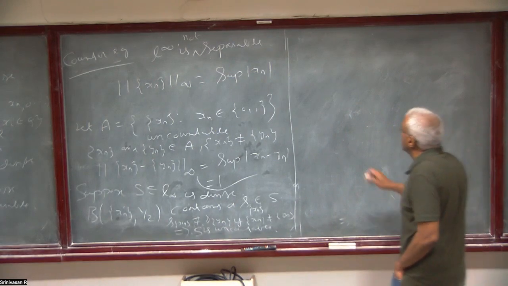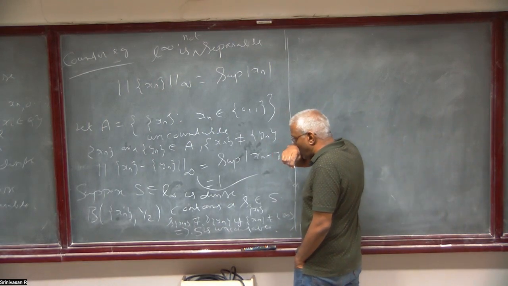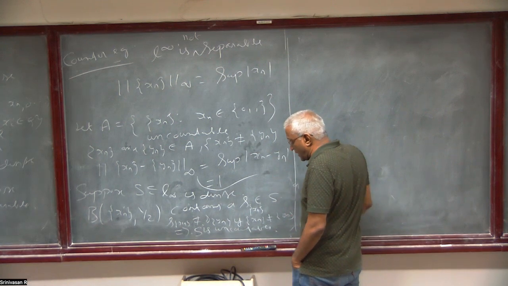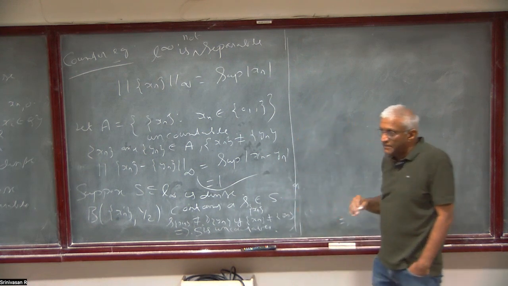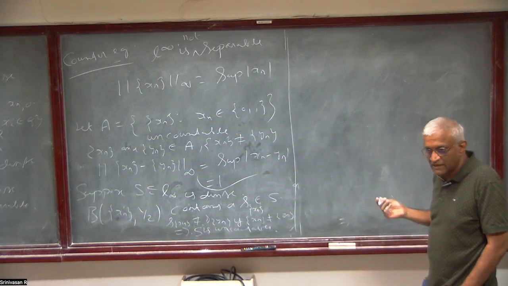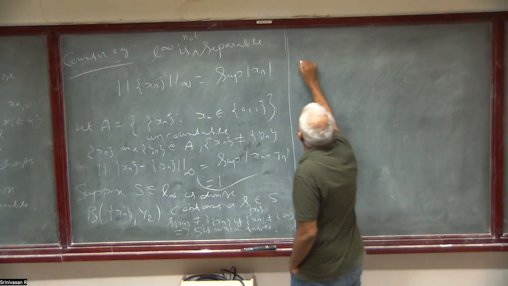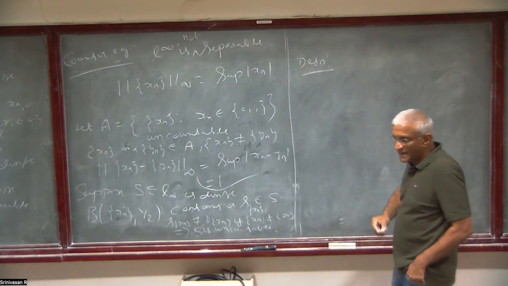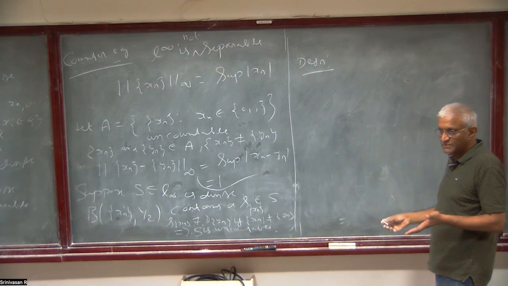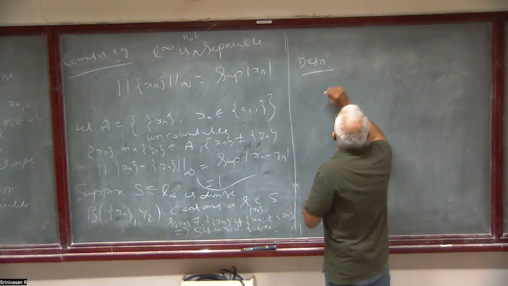I think I will prove this through a general statement about separability. There is something called a base for a topology. If you have a collection of open sets, the definition is generally for open balls, but you can take the collection of open sets for a metric space.